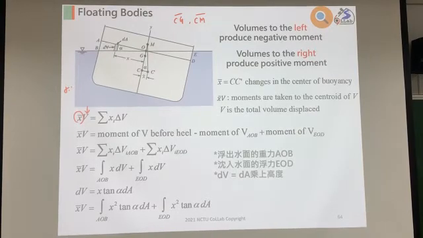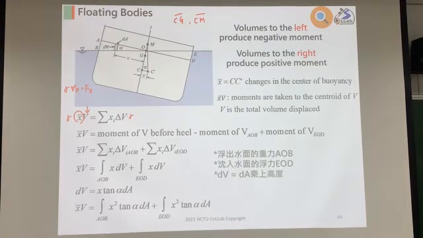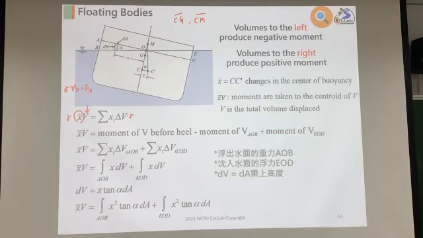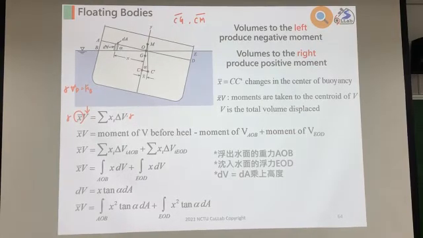Gamma multiplied by the displaced volume gives the buoyancy force, FB. Because the left-hand side and the right-hand side have the same gamma, gamma cancels out. The buoyancy force multiplied by the distance x bar is equal to the total moment in this distance.